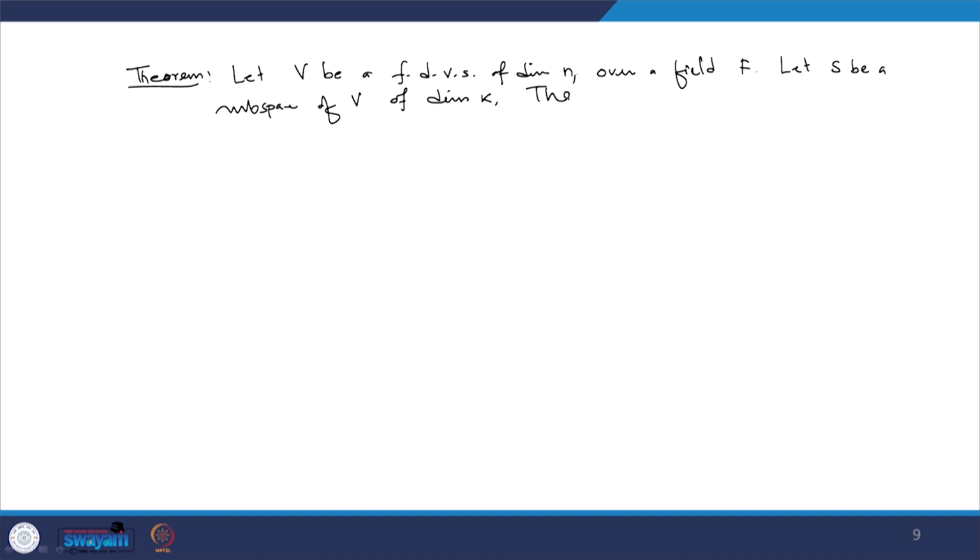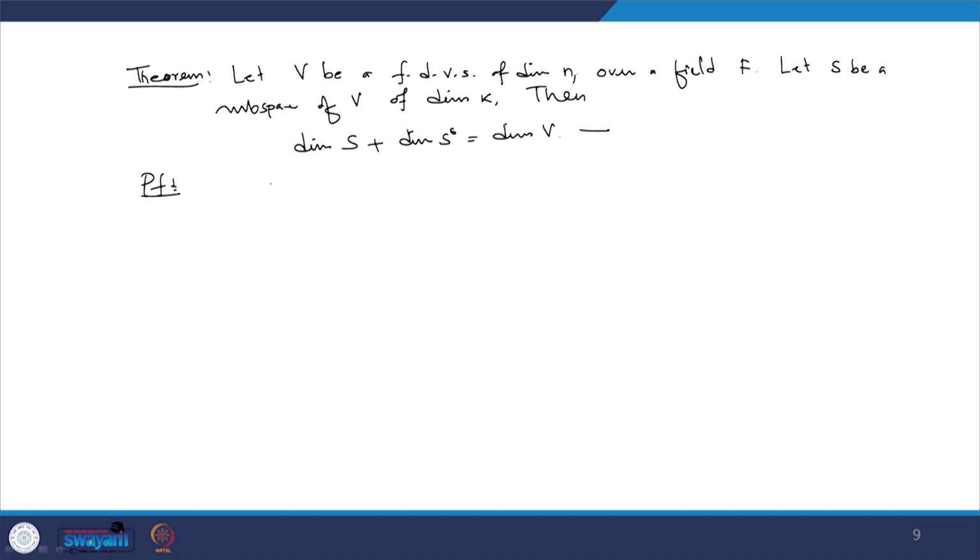Then the dimension of S plus the dimension of S naught is equal to the dimension of V. How to prove it? The proof is also very easy.